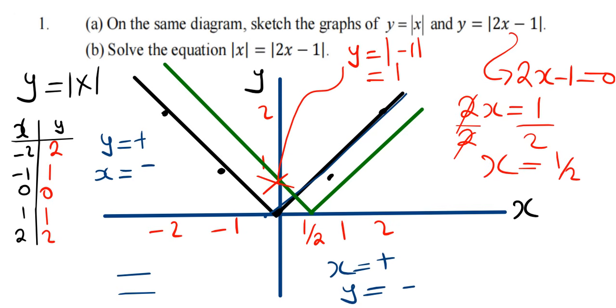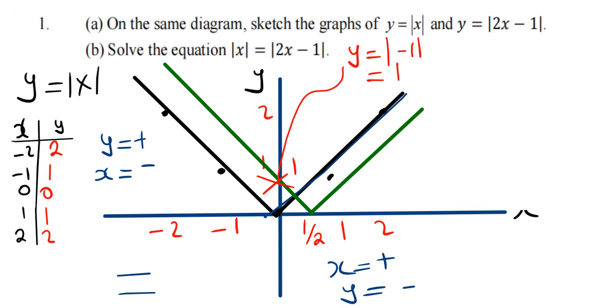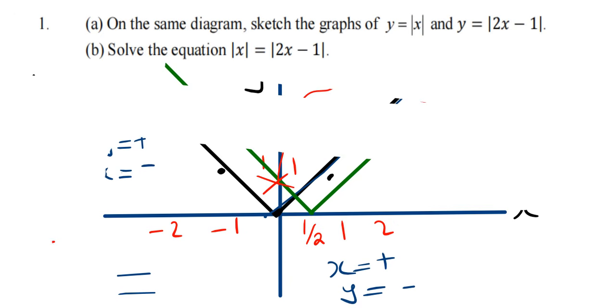So this point here is going to be a 1. So that is how you're going to graph these two modulus equations on this graph: y equals the modulus of x, and the other one y equals the modulus of 2x minus 1. Then the second question is asking us to solve this equation.